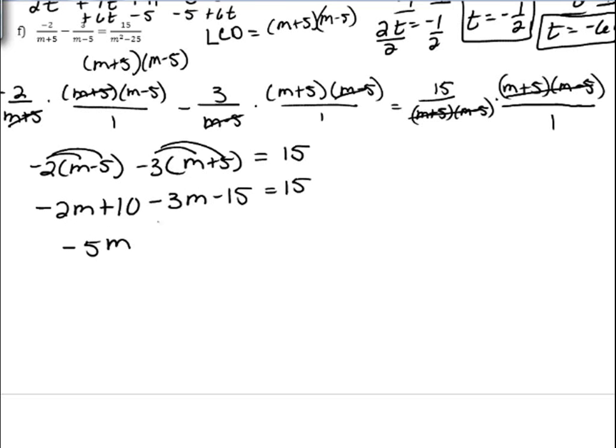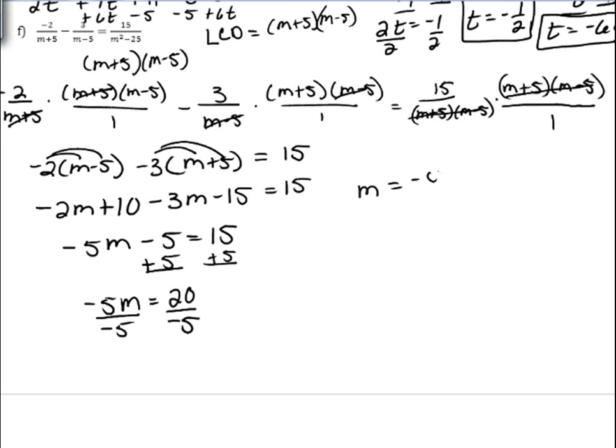And 10 minus 15 is negative 5. We need to gather up all the constants over here on the right, so we'll add 5 to both sides, giving us negative 5m equals 20, and then divide both terms by negative 5. This gives us m equals negative 4.